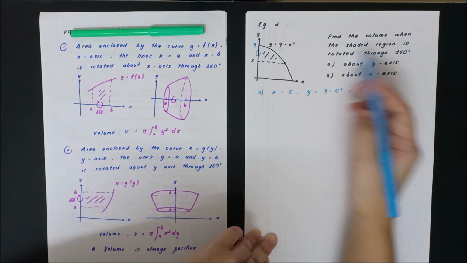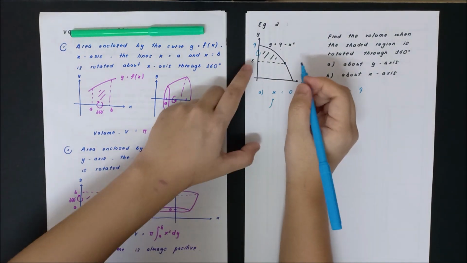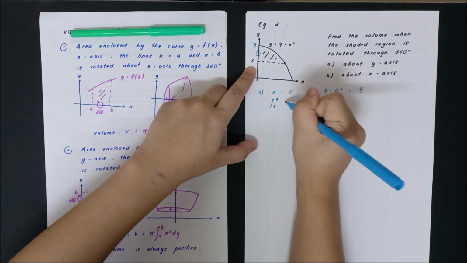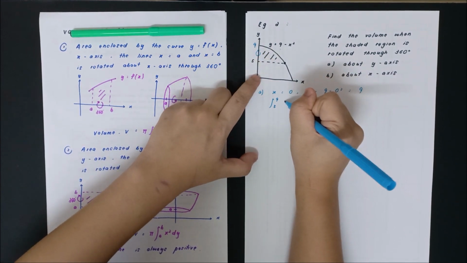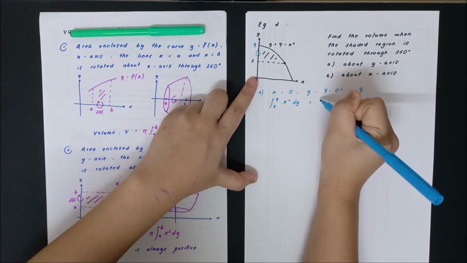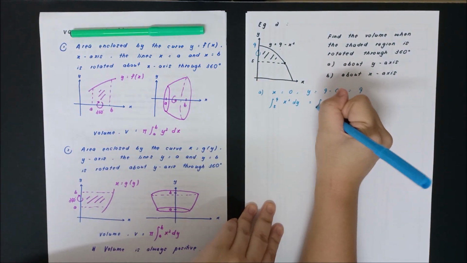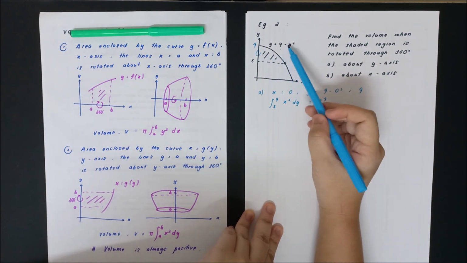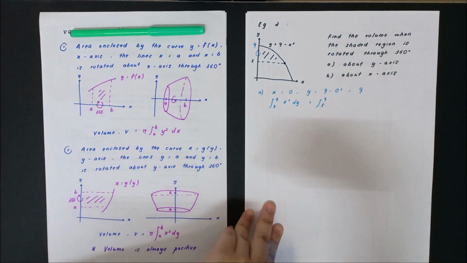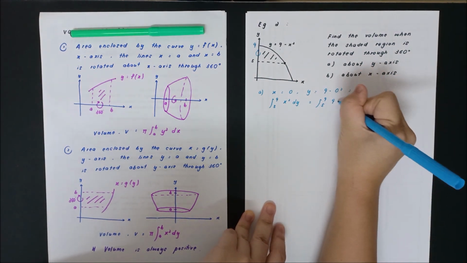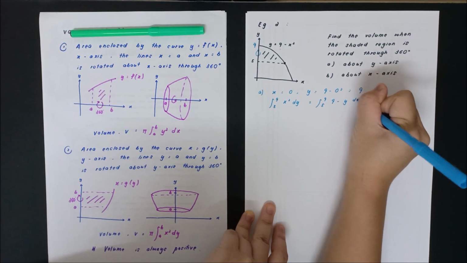So about y-axis, basically limit 5 to 9, and then this is dy, right? So we are going to write x squared dy equal to, so 5, 9. So what is x squared? So y equals to 9 minus x squared. So x squared is basically equals to 9 minus y. So 9 minus y dy.